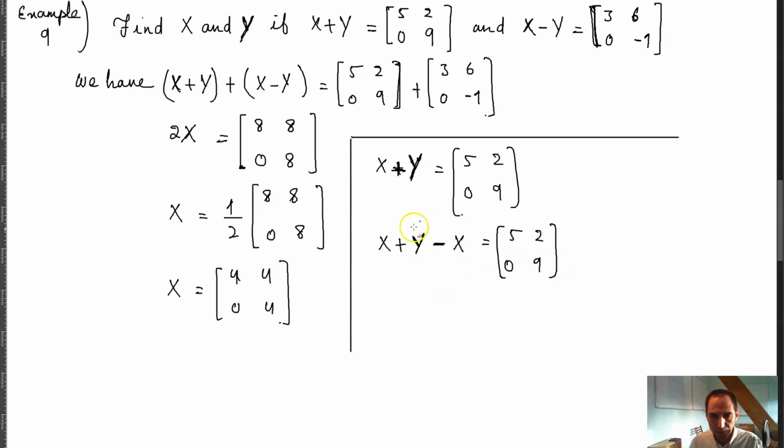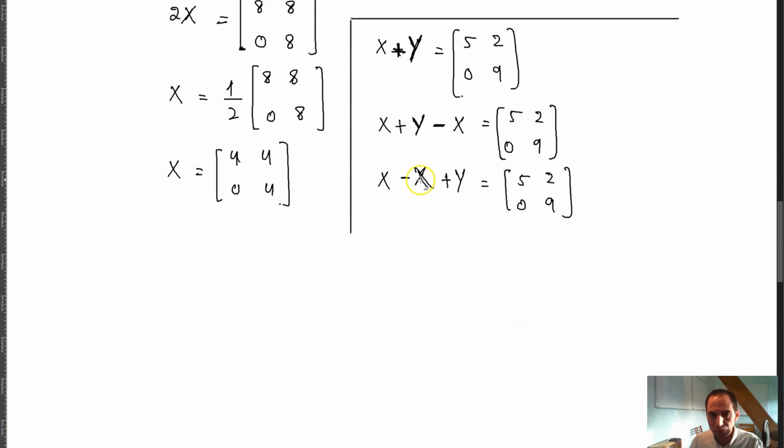And then matrix addition is commutative, so I could write this as x negative x, for example, plus y is equal to 5, 2, 0, 9, and that gives me the 0 matrix, which is O plus Y is equal to 5, 2, 0, 9.